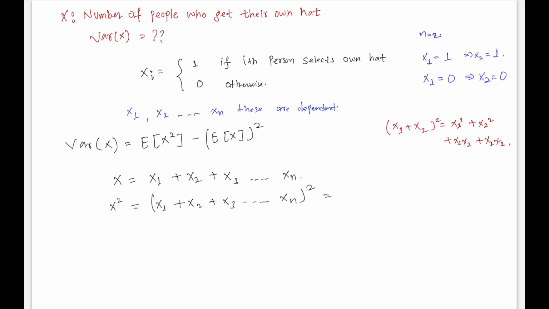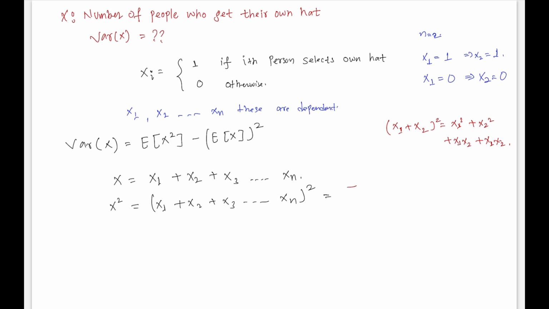So if you see there are two variables, 1 and 2. How many terms are there? There are a total of 4 terms, right? And with the product x1 x2, how many terms are there? There are 2 terms, and these come in pairs.